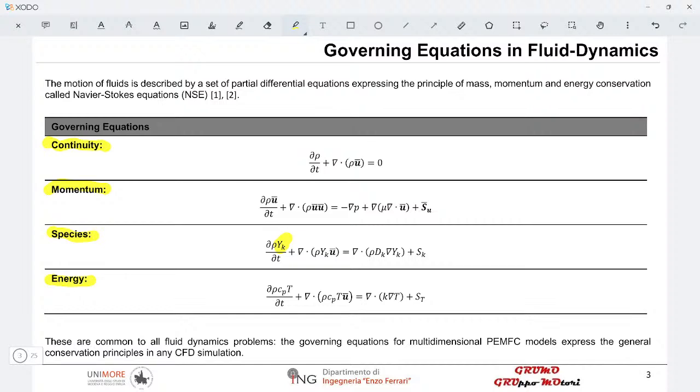So you see that, for instance, if we look at equations 2, 3, and 4, we find some similarities. We have an unsteady term, which represents the variation of that specific transported property with time. Then we have a term related to the advection of that property, so the transport of that property because of the mean fluid motion. And then we have some diffusive terms, like this one here and this one here.